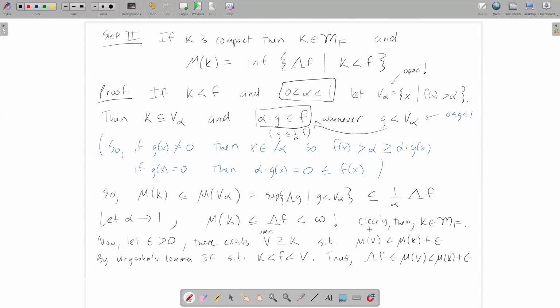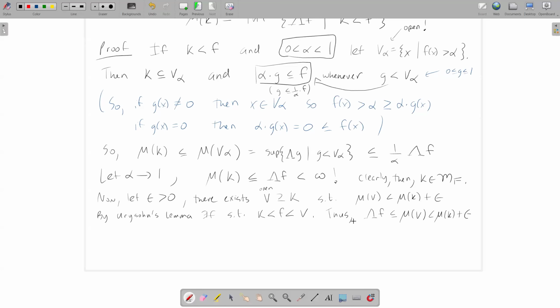Okay, right. So therefore, we got this: the measure of K is less than or equal to lambda f for any f with K less than f, including this one in particular.